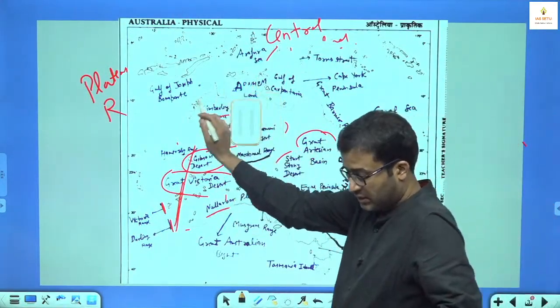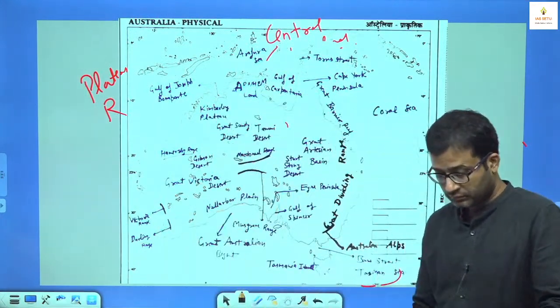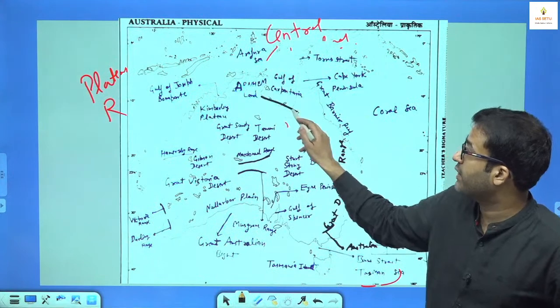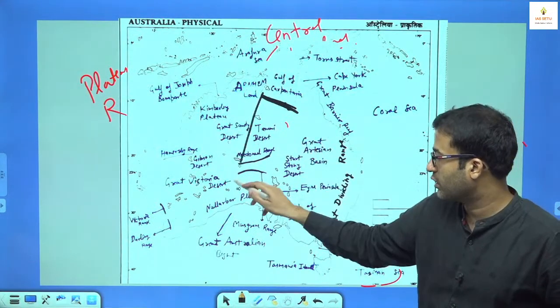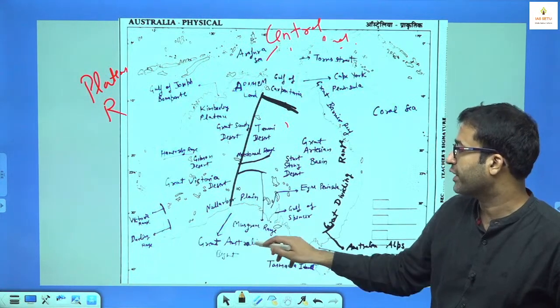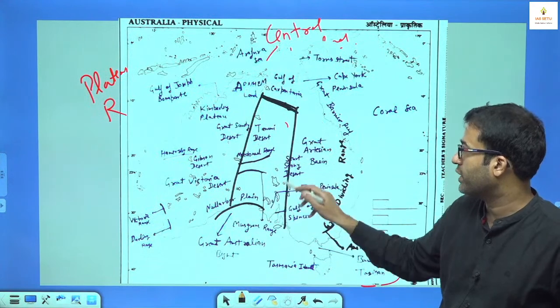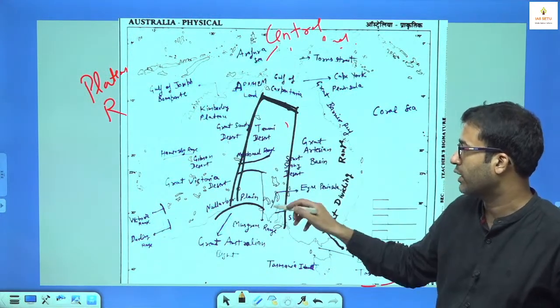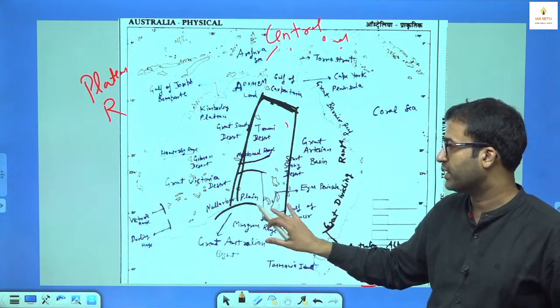Second one is Central Lowland. Central Lowland, it lies from Gulf of Carpentaria to the Great Australian Bight. मतलब ये पूरा एरिया जो है that is the Central Lowland, which has lakes also, basins also. So this area is Central Lowland.